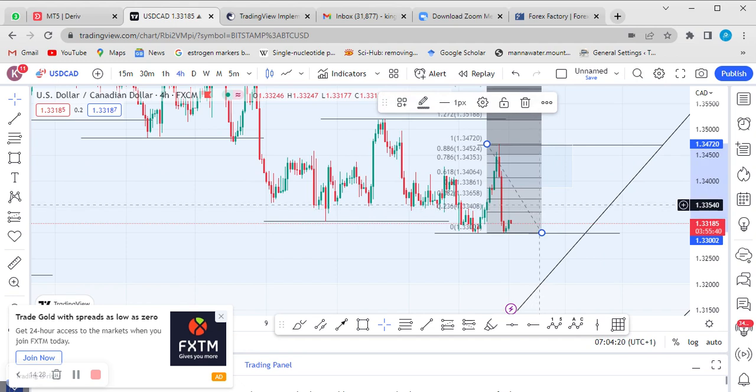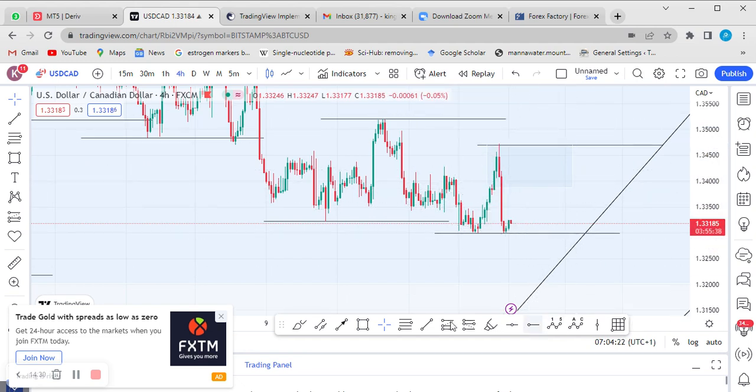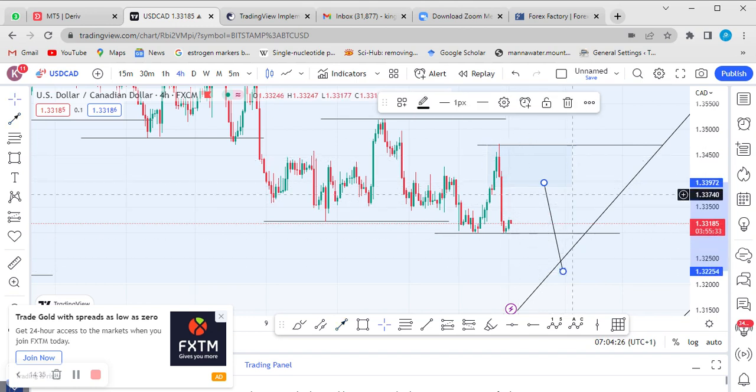So we can see that this is the point where I'll be looking to short USD CAD, from inside of this zone.